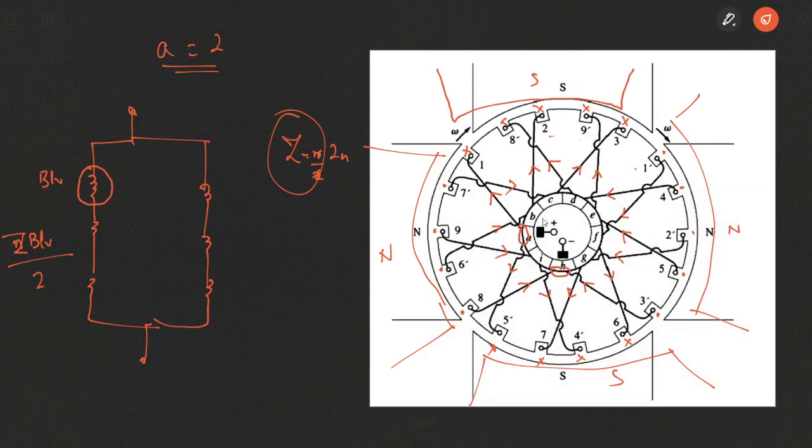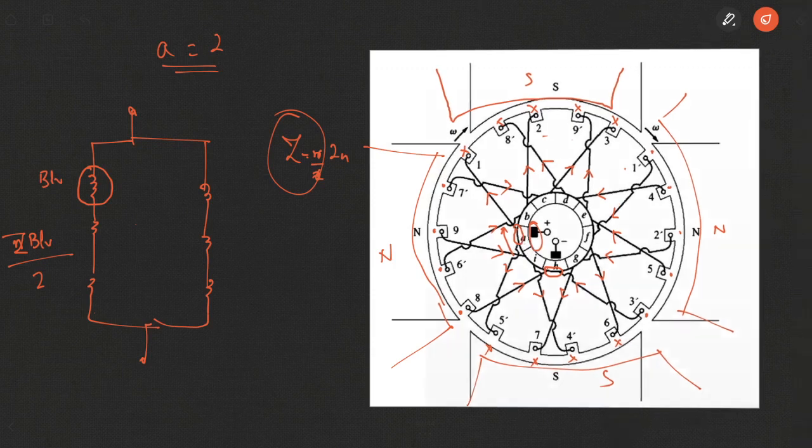Fine. So say for example in this case the commutator is rotating, but the brushes are stationary. So you will see at some position the commutator segments A and I, if it is rotating in this direction, at the time will come when A and I both will be shorted by the brush.